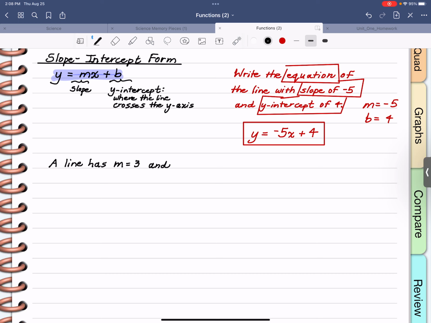And contains the point (2, 7). Write the equation of the line in slope-intercept form.